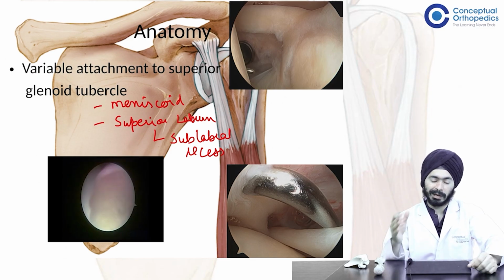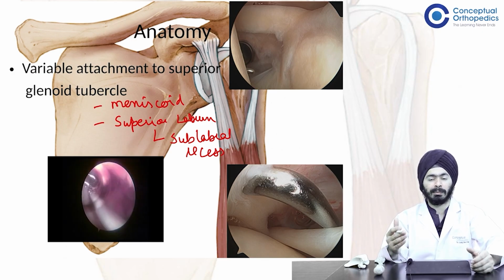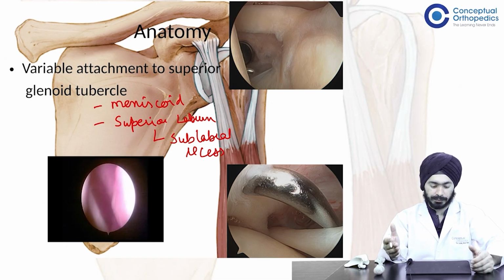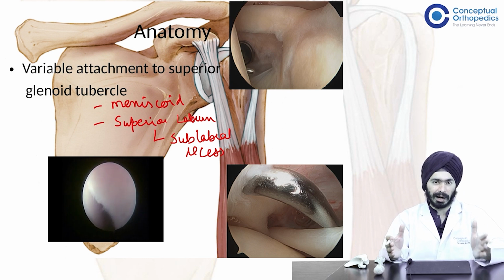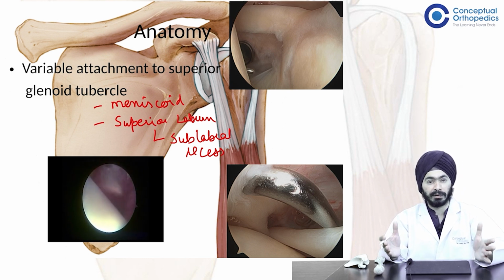So this variable anatomy of this region leads us to not being able to deal with this pathology in a very coherent or simplified way. What you need to remember is that the anatomy of this region is different in different individuals.